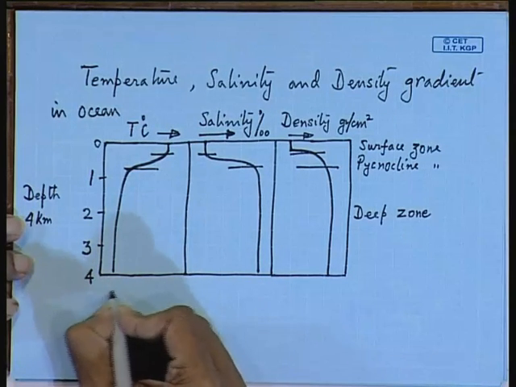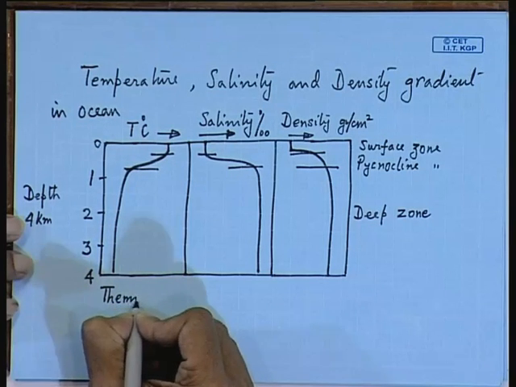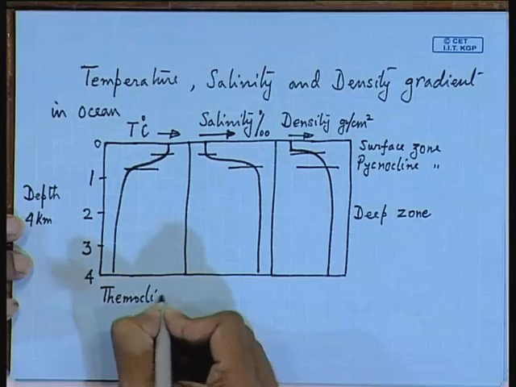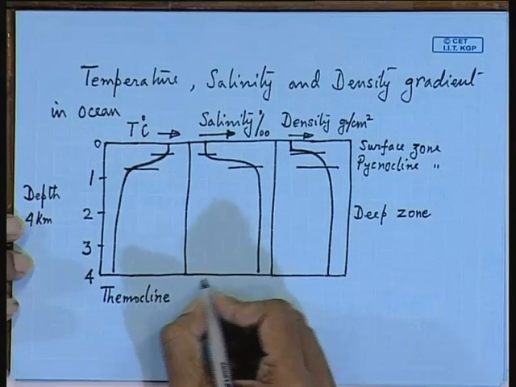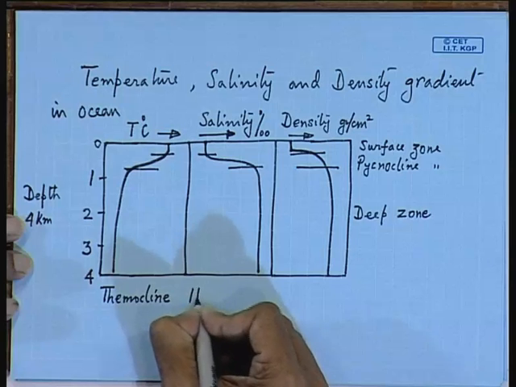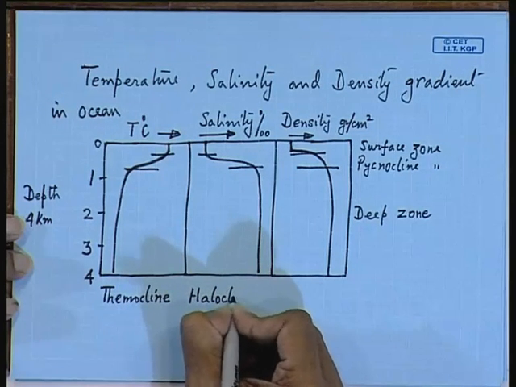The first one is called a thermocline. In oceanography books you will find these three diagrams. Change in salinity is called a halocline.